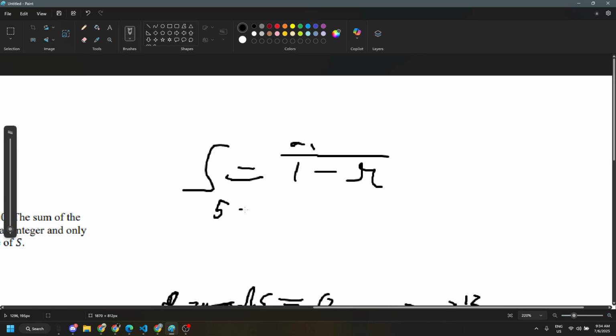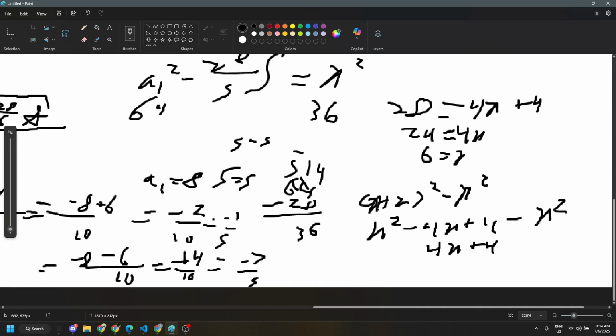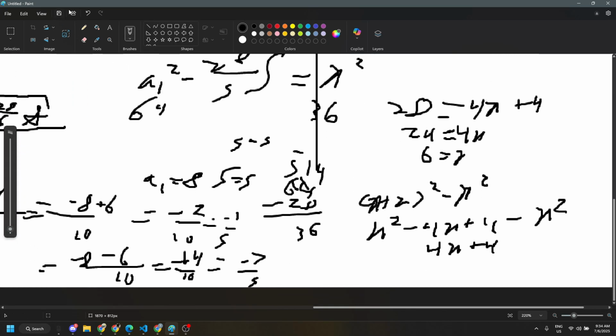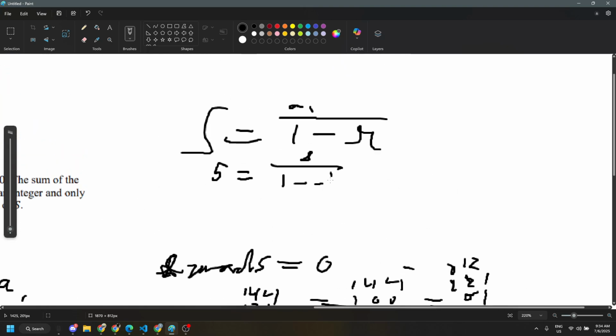So 5 is equal to 8 over 1 minus r, and r is negative 1 over 5, so 5 is equal to 8 over 6 over 5.